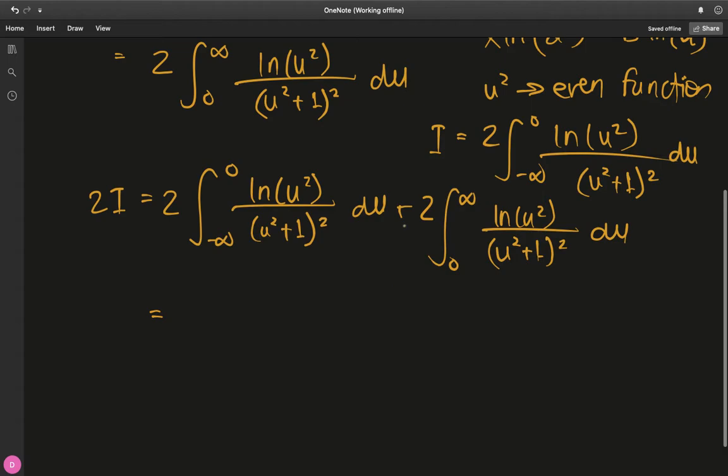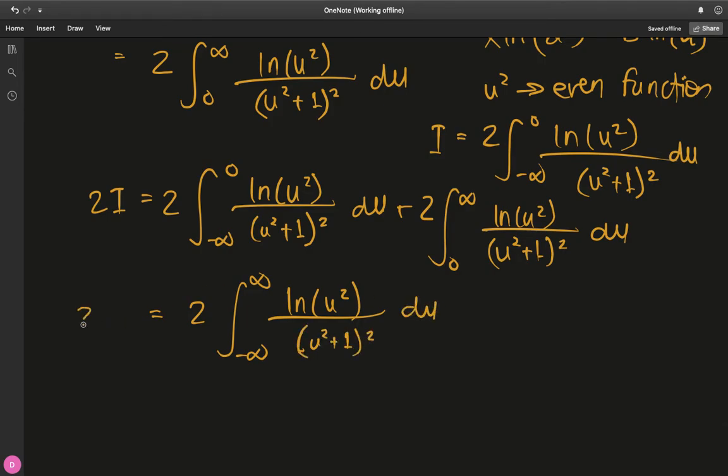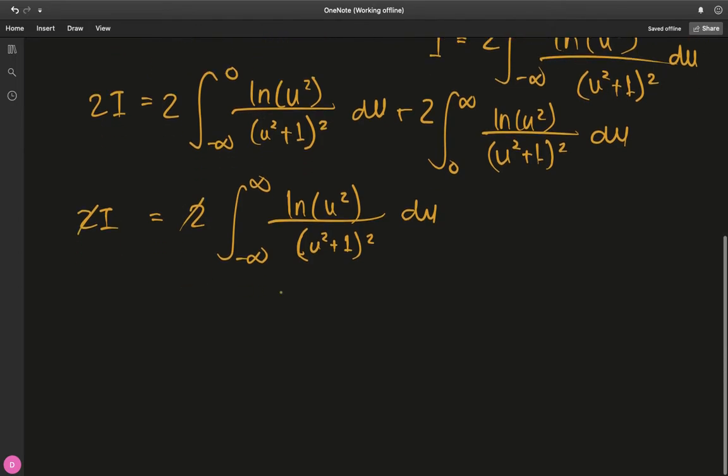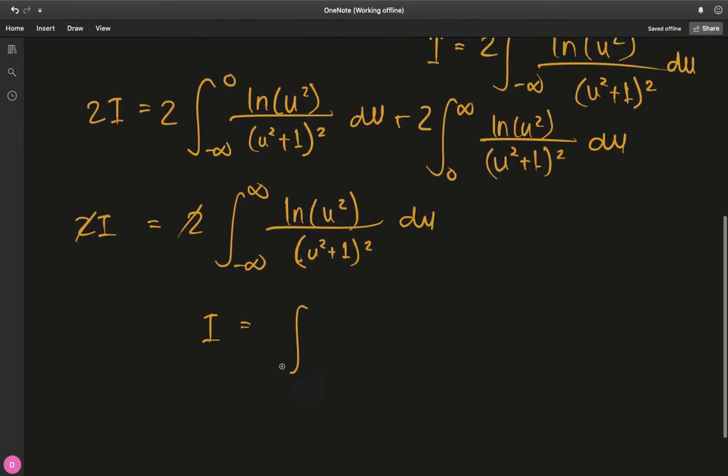Now we can club them together by the linearity of the integral to have 2 times the integral from minus infinity to infinity of the natural log of u squared divided by (u squared plus 1) squared du, and that's 2I. So you can cancel the 2's out, and we have I equal to the integral from negative to positive infinity of the natural log of u squared divided by (u squared plus 1) squared du.